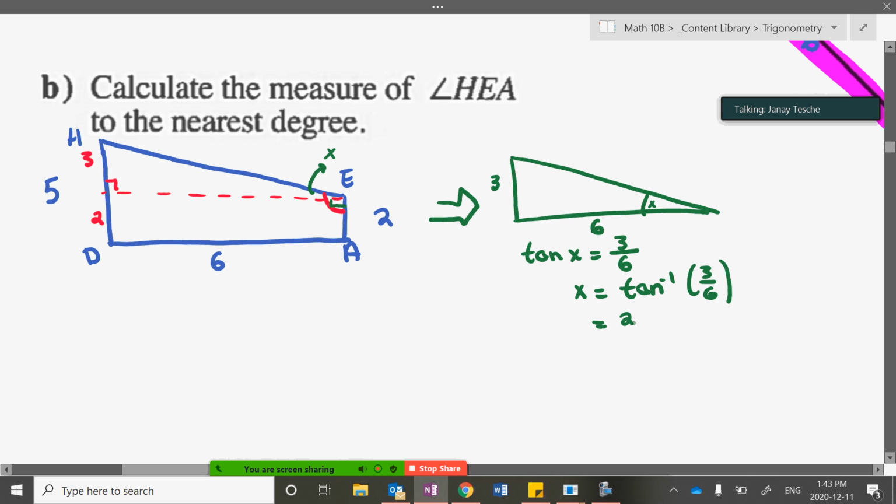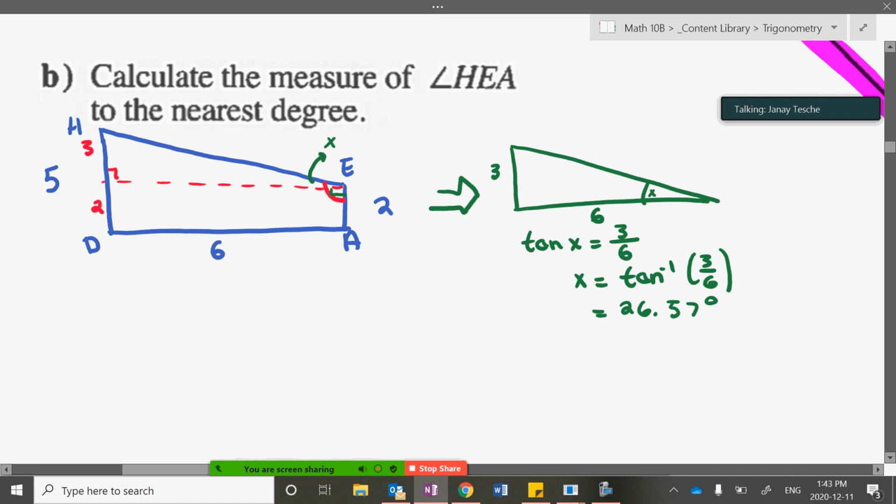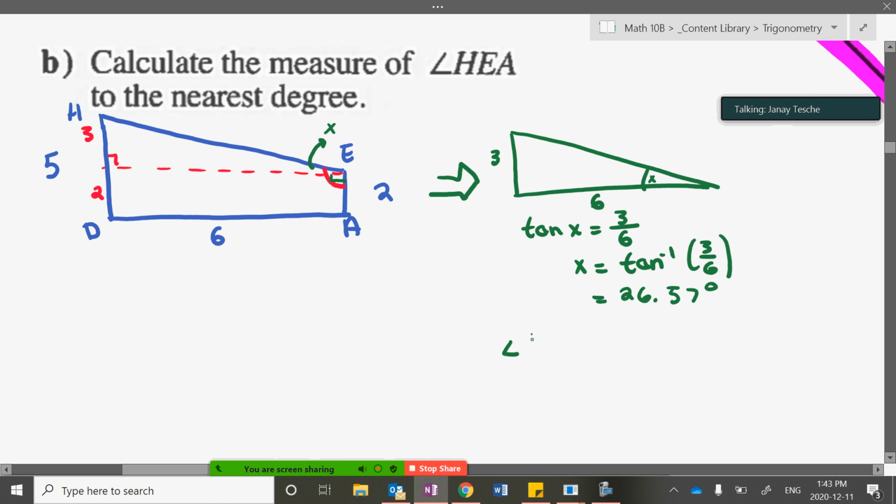So I get 26.57 degrees. Don't forget we want the entire angle though. So angle HEA, we have to add our 90 degrees to it, which gives us 117 degrees because it wants the nearest degree.